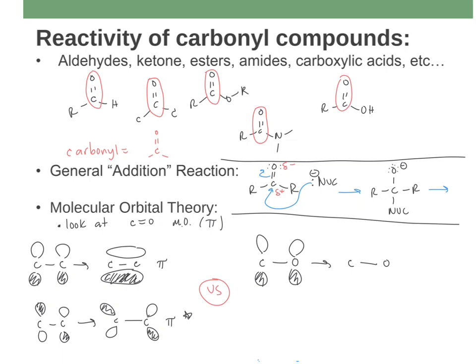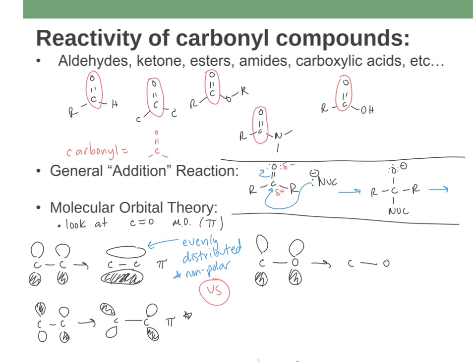Notice how over here it's evenly distributed on the CC, so this pi is evenly distributed. Neither one of these carbons has more of the pi bond than the other one. That's not lopsided, or in other words, we can say that this is nonpolar.